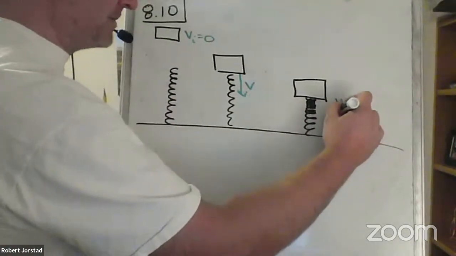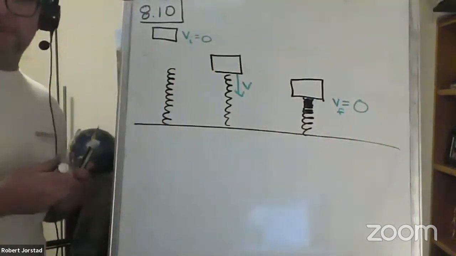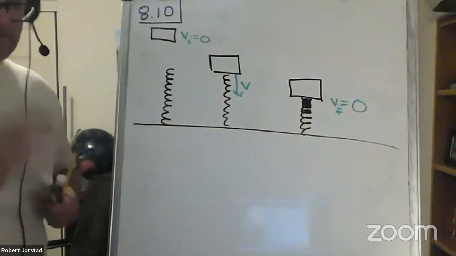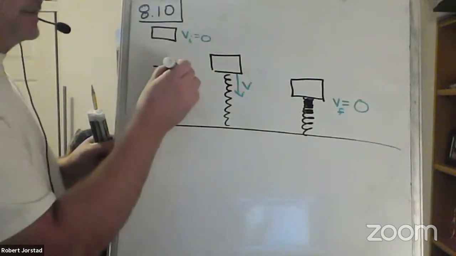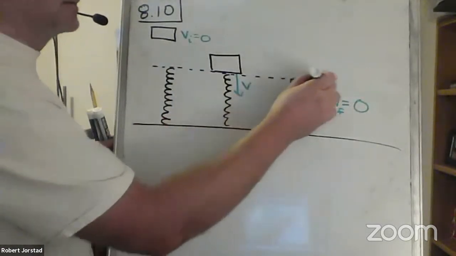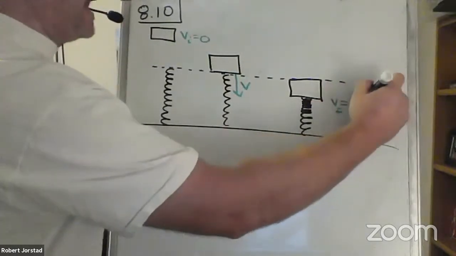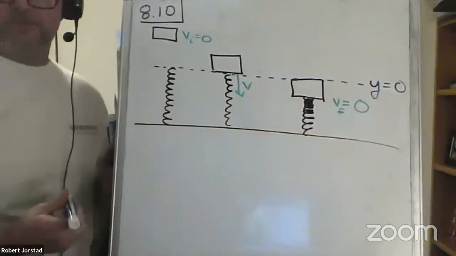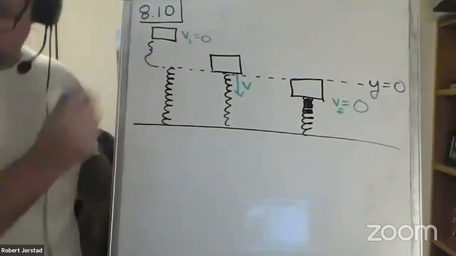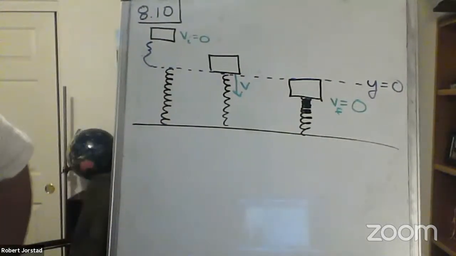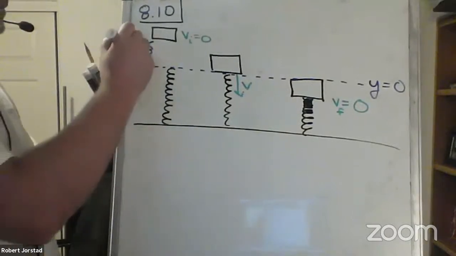We're just going to do this problem because it's so quick. Now check this out. For these types of problems, I often set this as y equals 0. In problem 8.10 the starting point is height h.